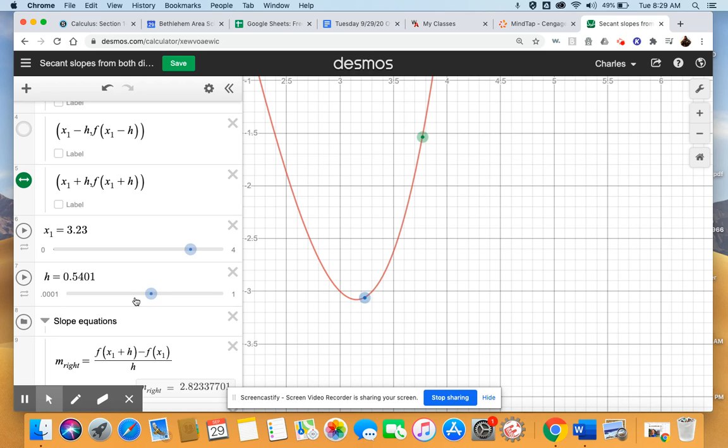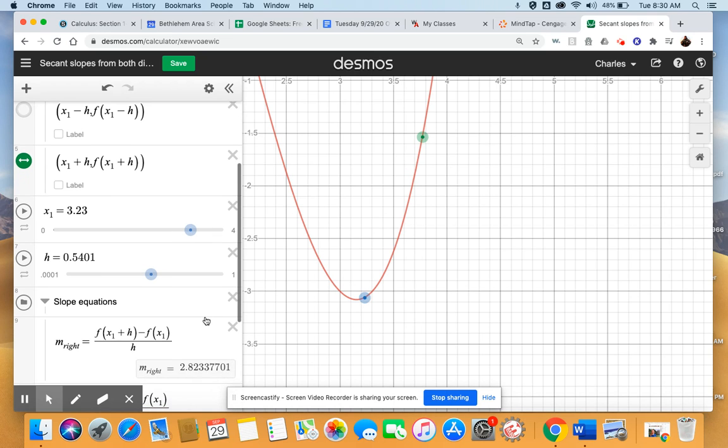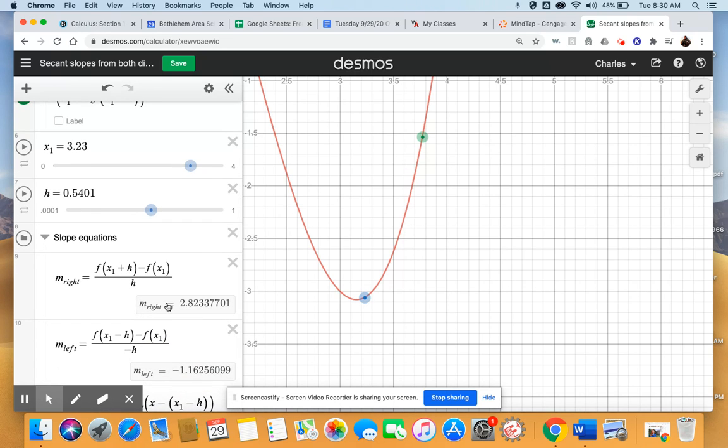So the next thing I've done is that in algebra, we calculate slopes between 2 points. And we know how to calculate slope. We do y2 minus y1 divided by x2 minus x1. And I've actually set that up here.